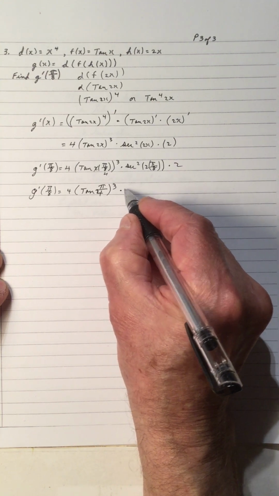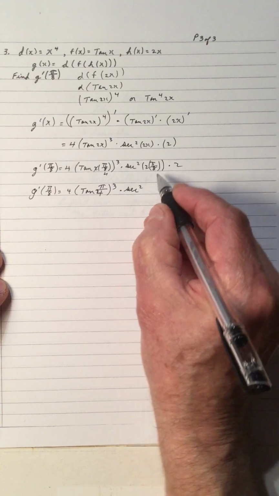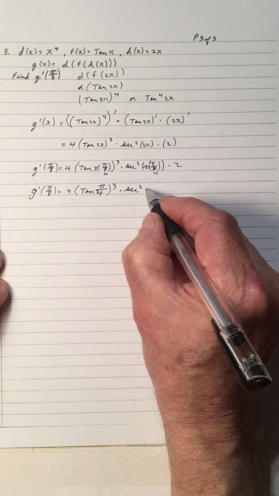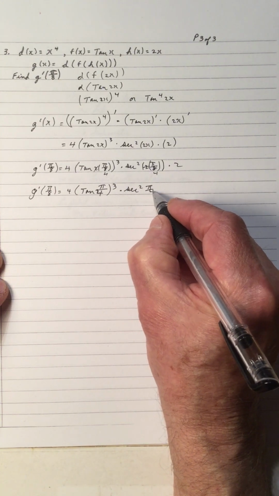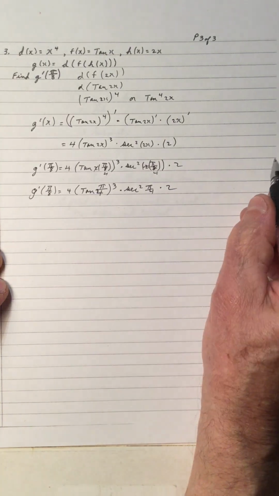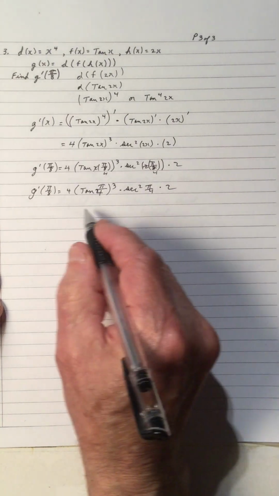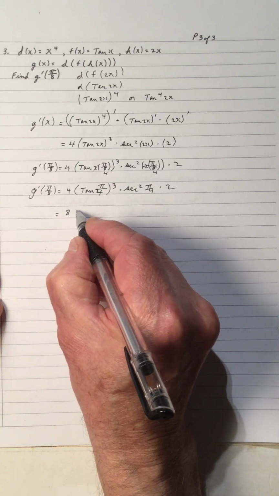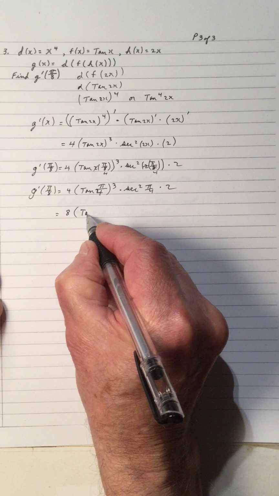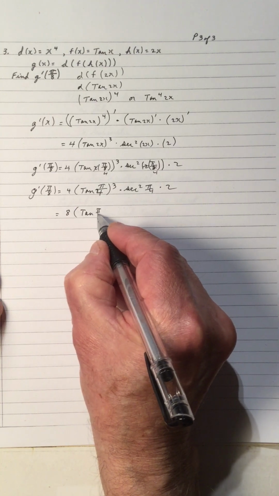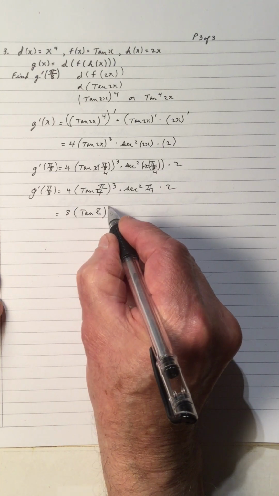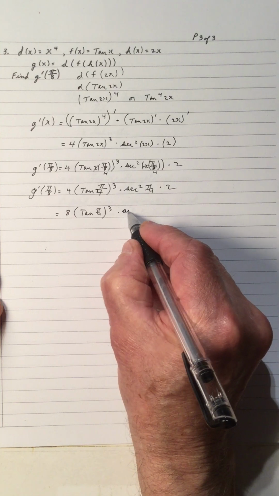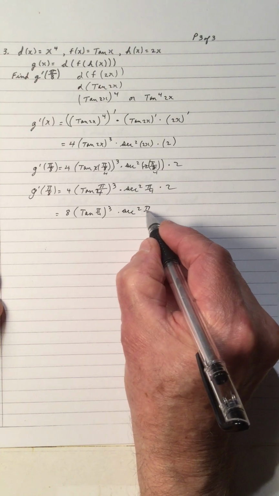Cubed, secant. 2's cancel again, I get a 4, so that's pi over 4, times 2. Now I could simplify that and make it 2 times 4 is 8, and so we have tan of pi over 4, and that's cubed, secant pi over 4.